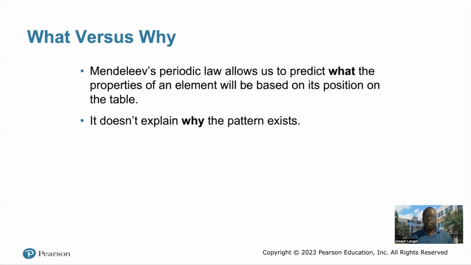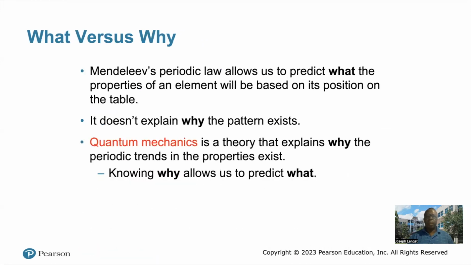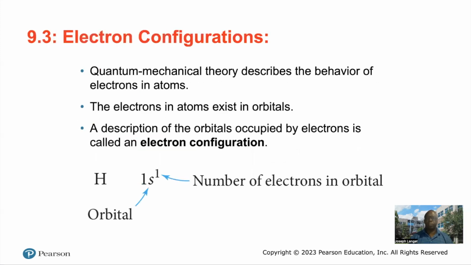What we learned in chapter 8, the quantum mechanical model of an atom. Here now, quantum mechanics explains why the periodic trend or periodic properties keep repeating, keep recurring the way they do on the periodic table. Knowing why allows us to predict what. So we're going to be using what we learned in chapter 8, the quantum mechanical model, to explain the recurring physical and chemical properties of elements.